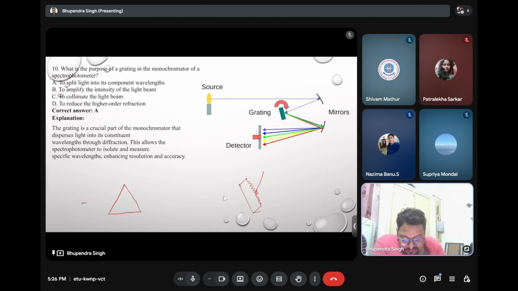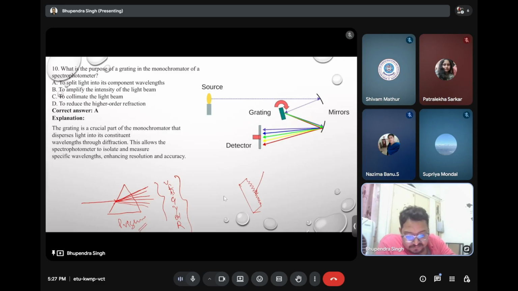White light is there, and you get 7 lines, a full rainbow, just like the prism. So this grating also separates the light.